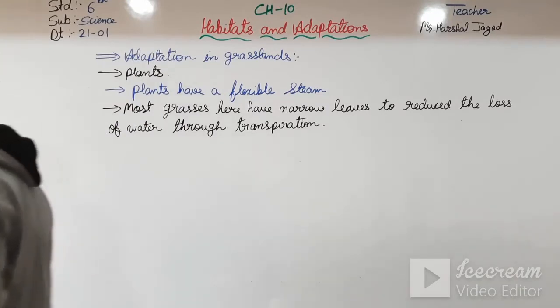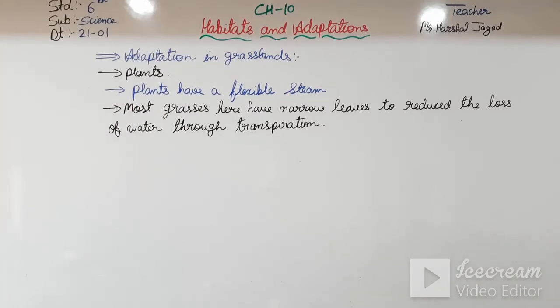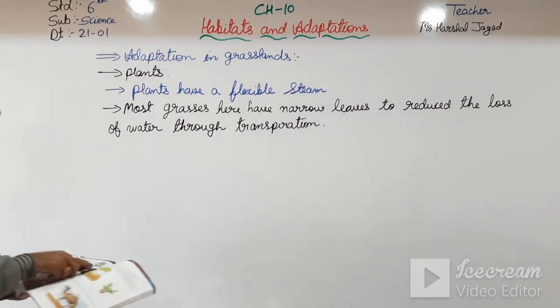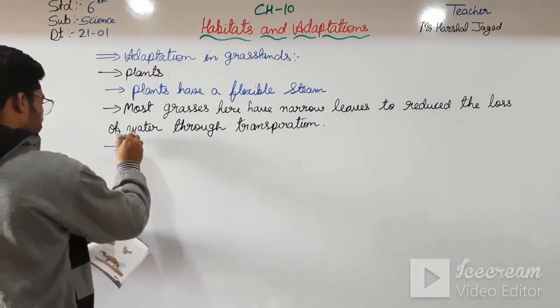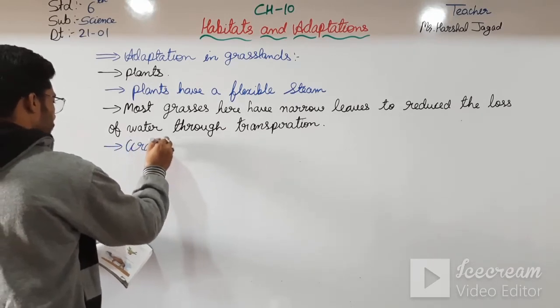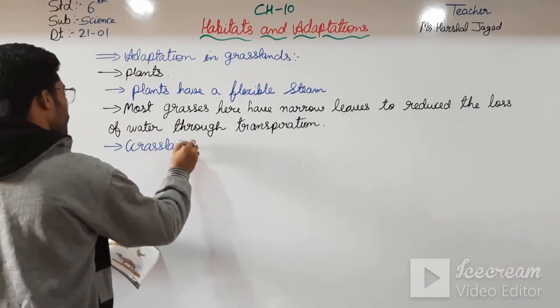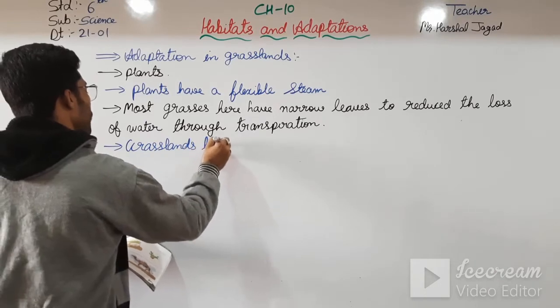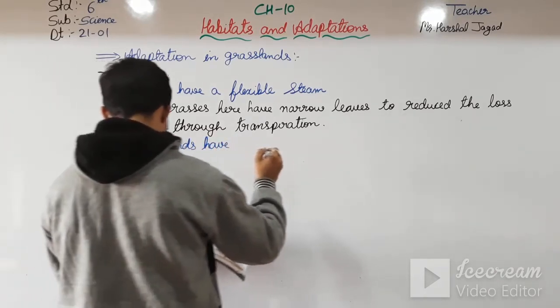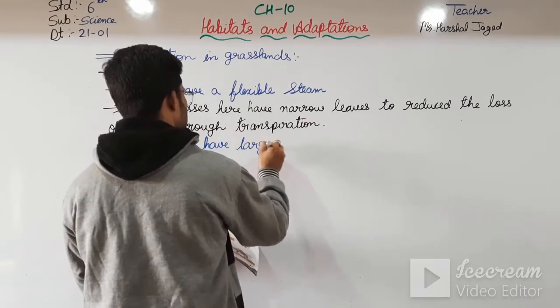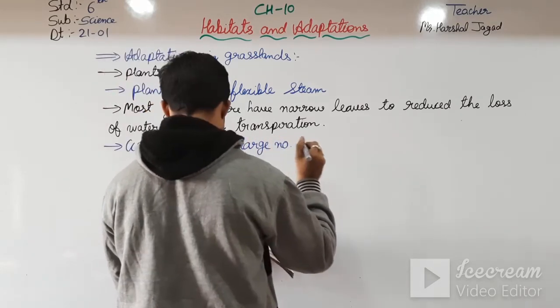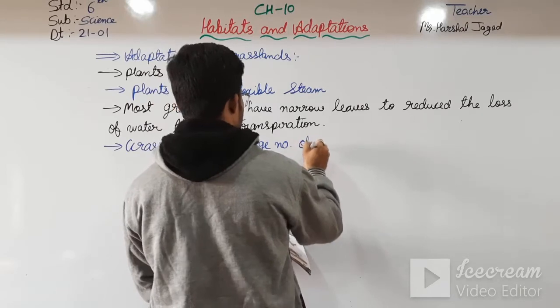And the third one, that is, grasslands have a large number of grazing animals.